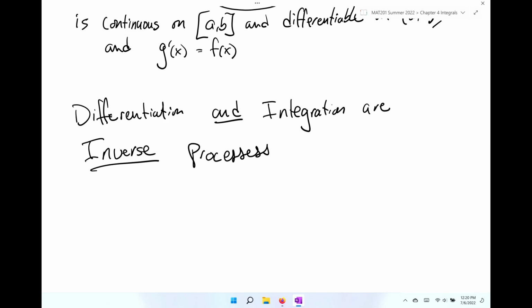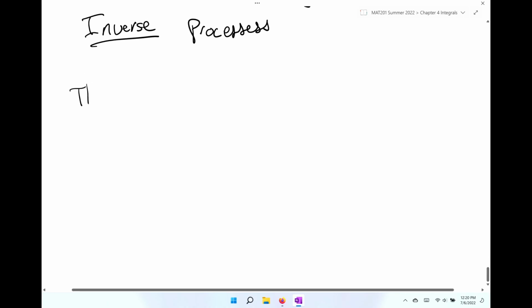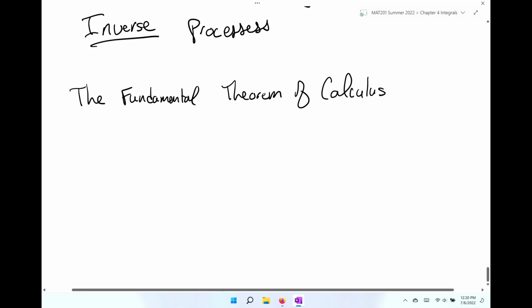So what I want to do now is just go ahead and give you the overall idea of the fundamental theorem of calculus, parts 1 and 2. This is the biggie now. Here's part 1. Actually, let's do this first.